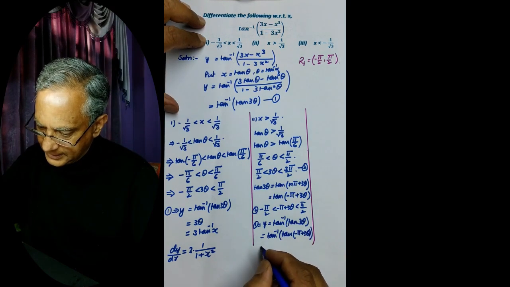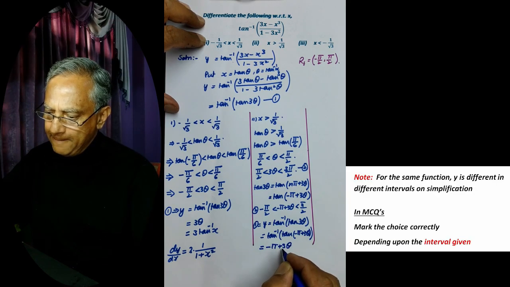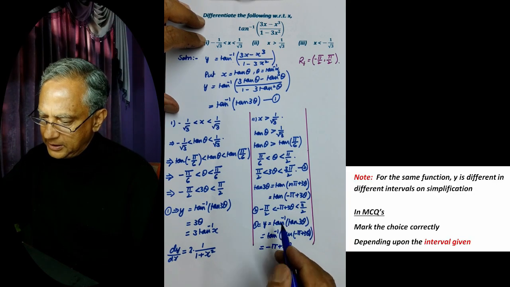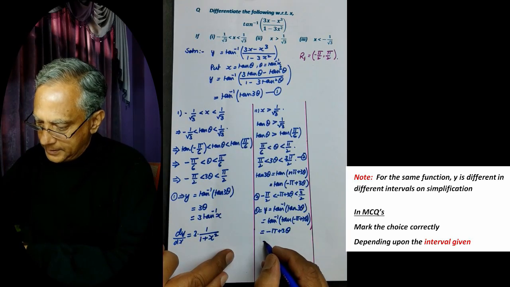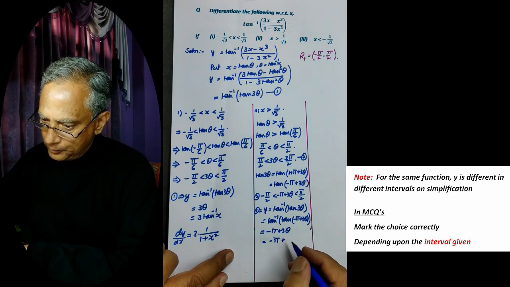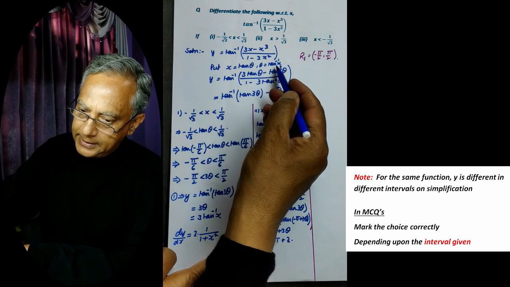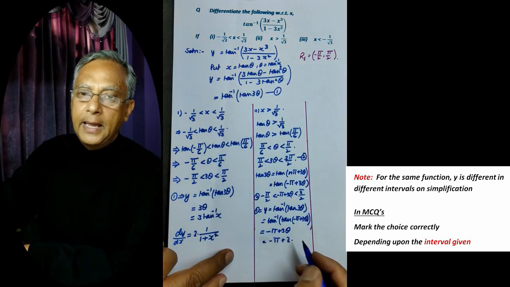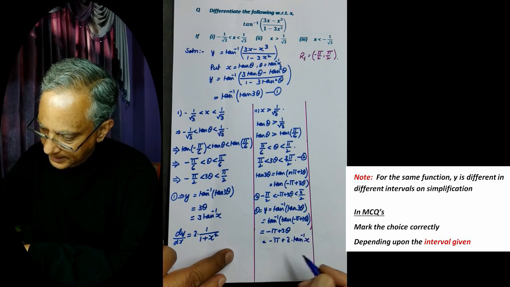So we can write this as minus pi plus 3 theta, and this is equal to minus pi plus 3 into theta. Theta is tan inverse x.